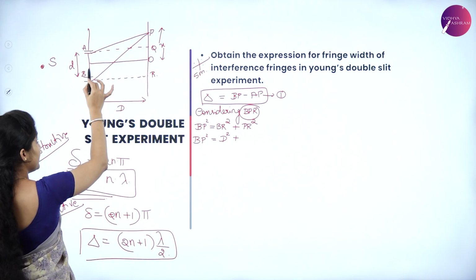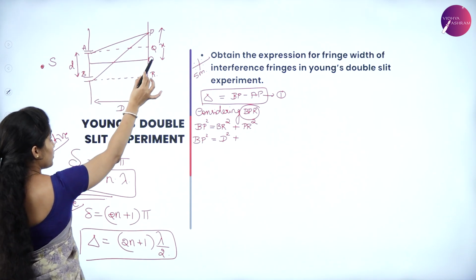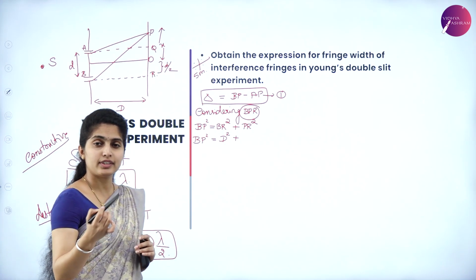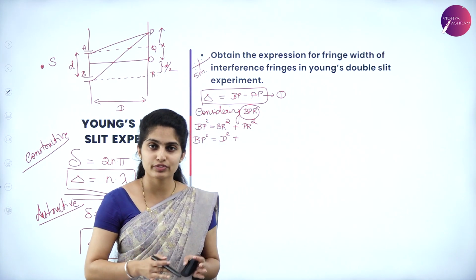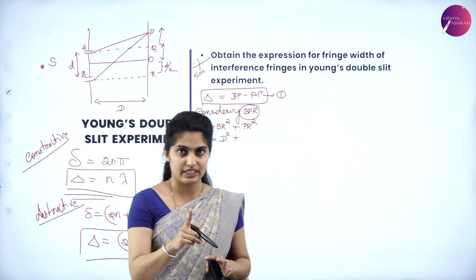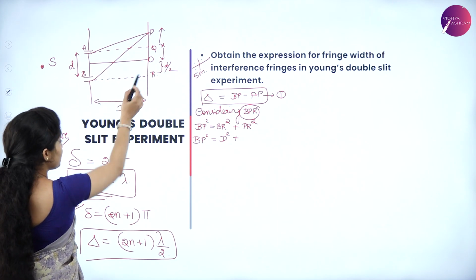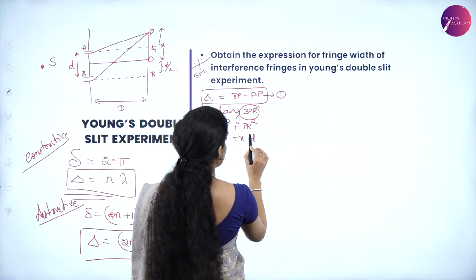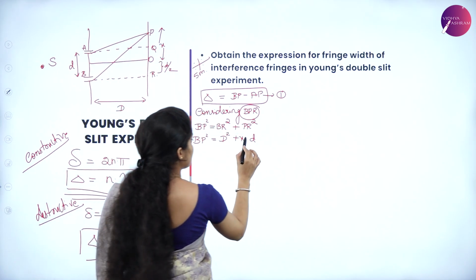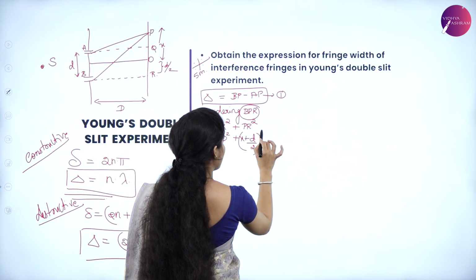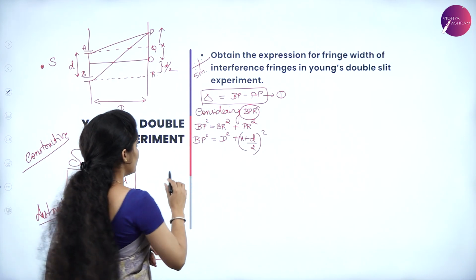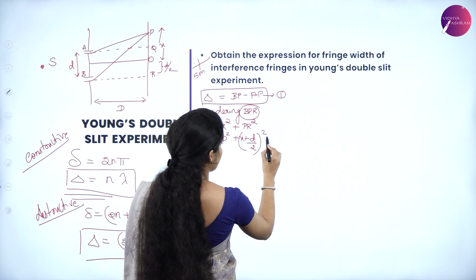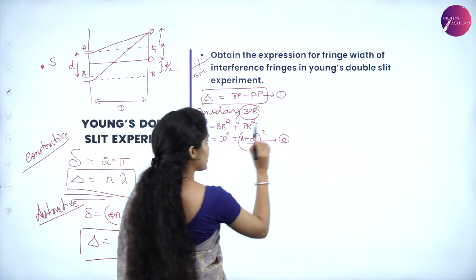A to B is d, and OQ can be considered as d by 2. So PR is x plus d by 2. So we have BP square equal to D square plus (x plus d by 2) the whole square. Consider this as equation 2.